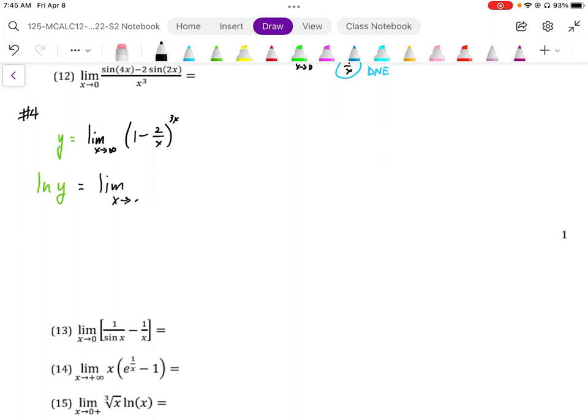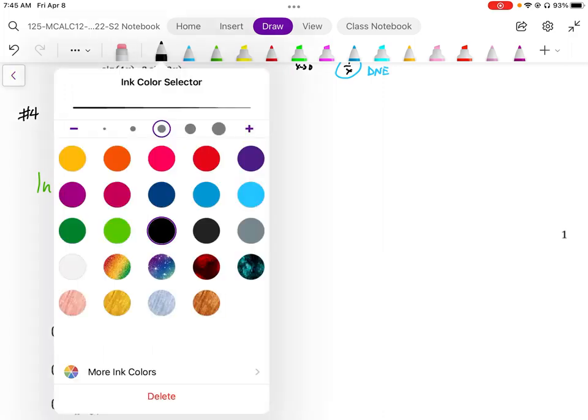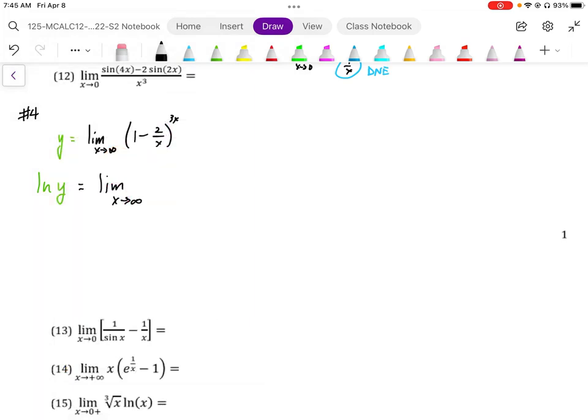as x goes to infinity of, in this case, bringing down, logging both sides. I'm going to be able to bring down that exponent as 3x, and then I have log of the base, 1 minus 2 over x.